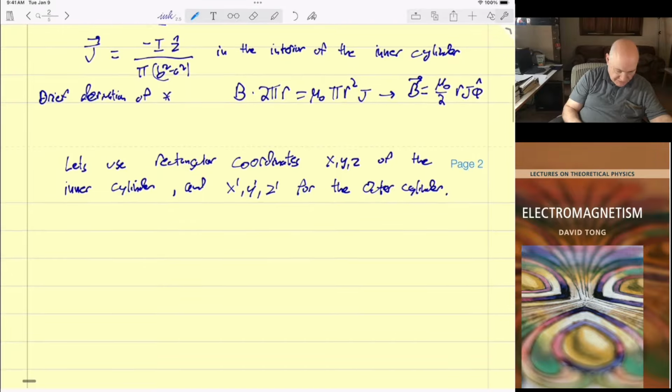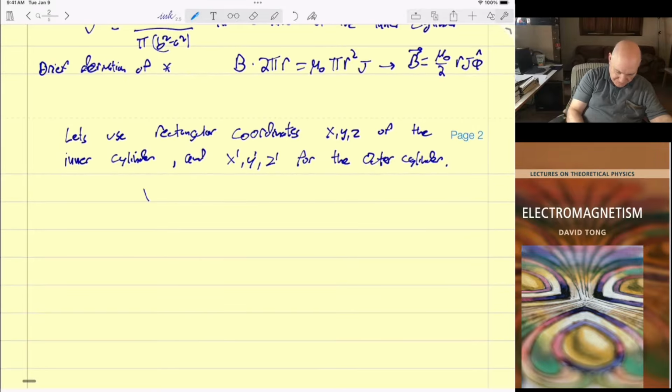These are related very simply: x prime is equal to x plus d, y prime is equal to y, z prime is equal to z.